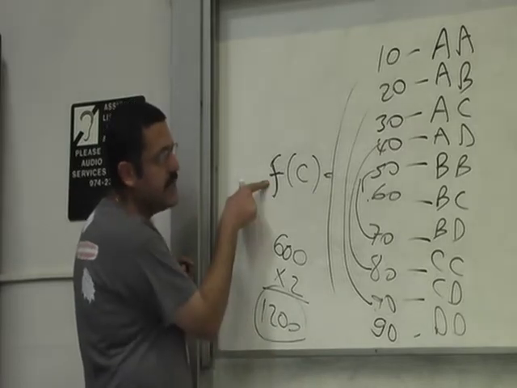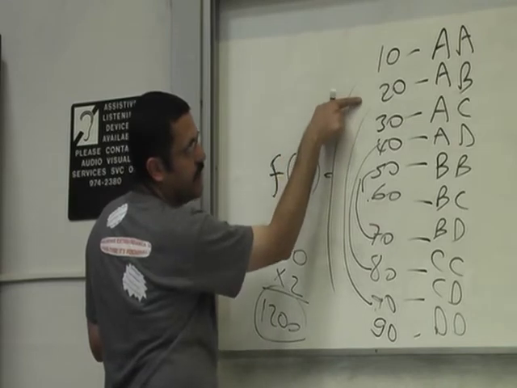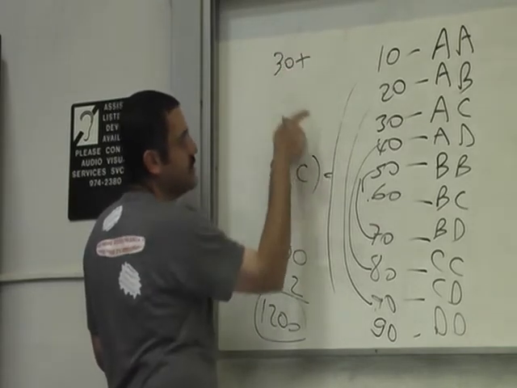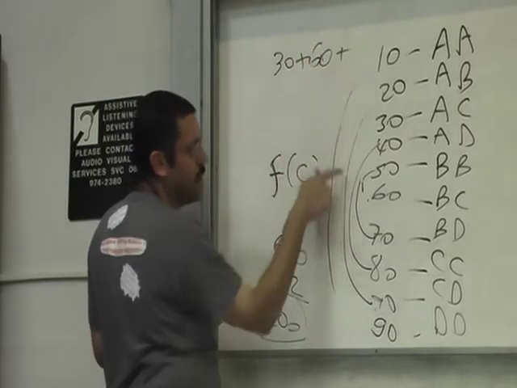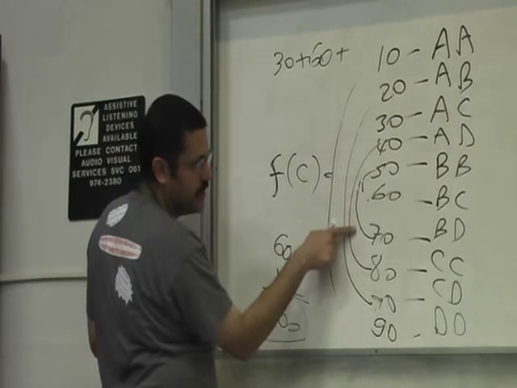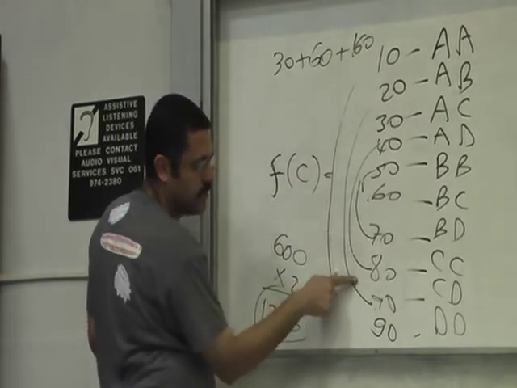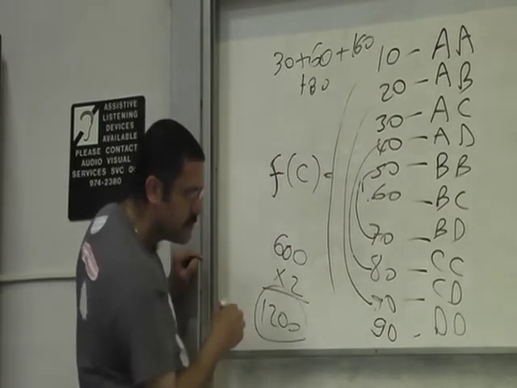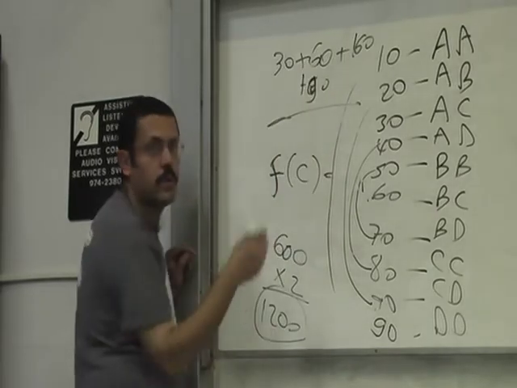Now, how many C alleles do I have? This one has none. None. This one has how many? 30. Plus, none, none, 60. Plus, none. 160, 2 times 2, plus 80, 90, all divided by 1200, and you work it out.